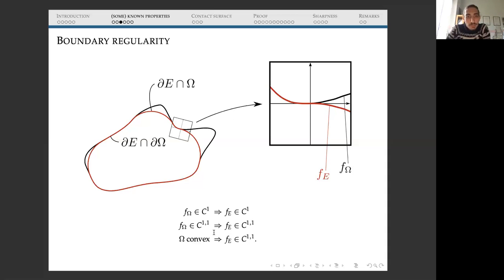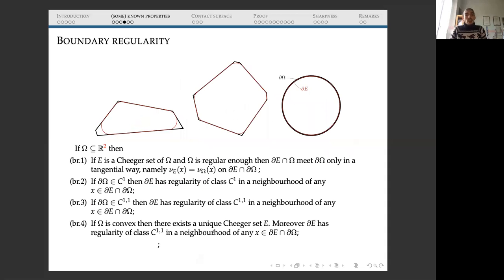Okay, so now this is a list of selected properties, as I said, and you look at this list and then you look also at the example, and you feel that there is a desirable property which seems to be missing and you would like to get, which is basically this one here.